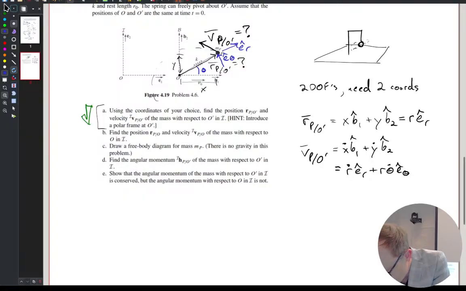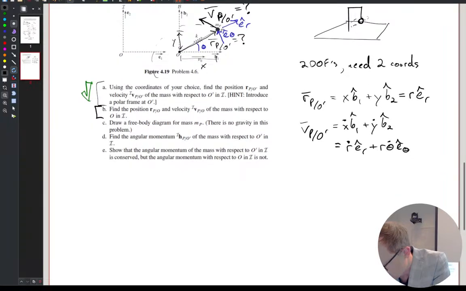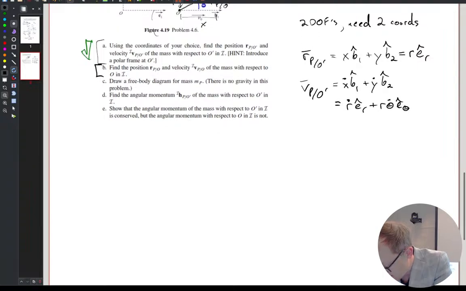All right, so next, now we're here. We just defined r_P/O prime and v_P/O prime. Let me draw this out again.